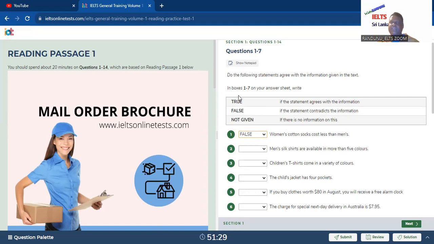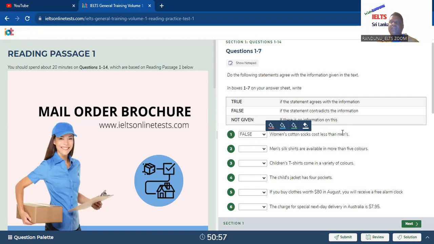Sometimes you can get yes, no, not given, or true, false, not given. Both ways it is coming. There's a small difference only. Yes is true, no means false. The other option is not given. What is not given? Not given means you can't get information with regard to this statement.